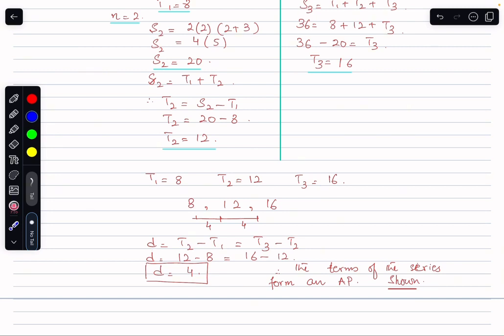The common difference is T2 minus T1, and also T3 minus T2. T2 minus T1 is 12 minus 8, and T3 minus T2 is 16 minus 12. Both give the same answer, which is 4. That means the common difference is 4. Therefore, the terms of the series form an arithmetic progression, as shown here.